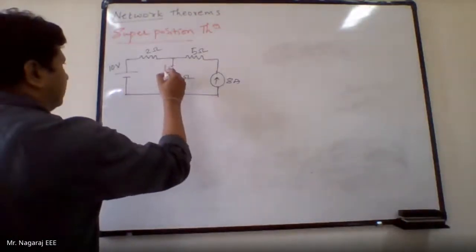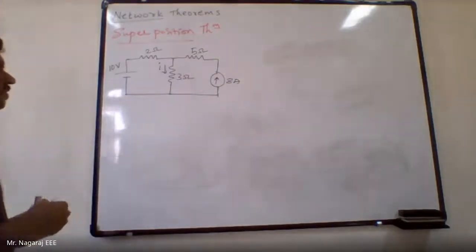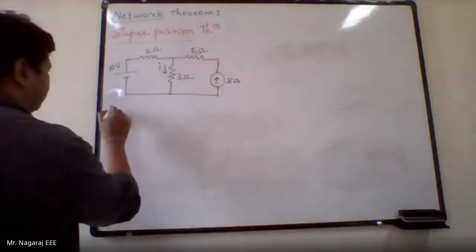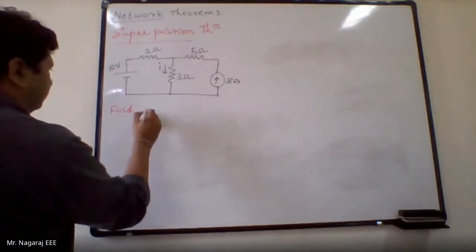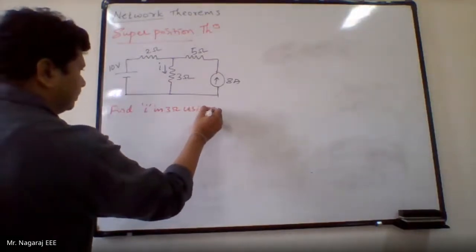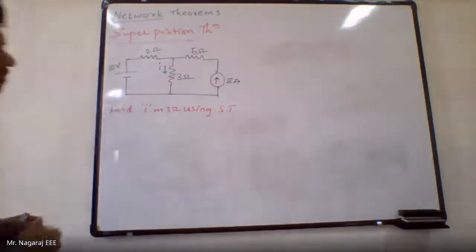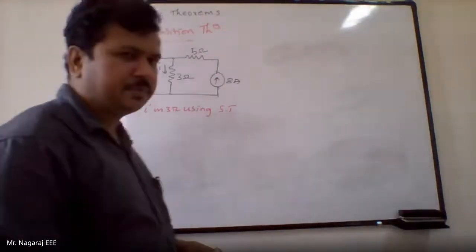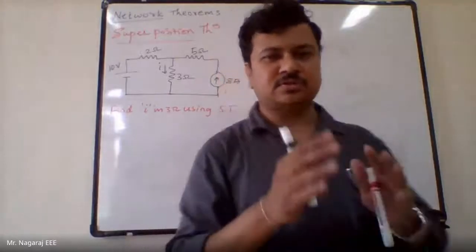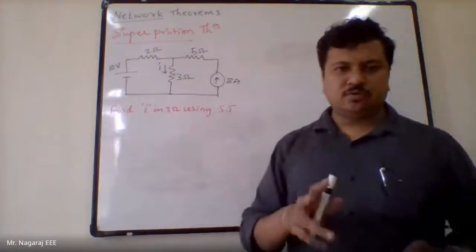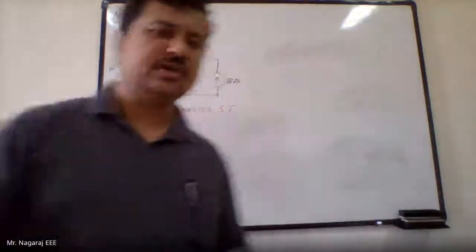The problem statement is: find current I in the 3 ohm resistor using the superposition theorem. Whenever I get a problem with the superposition theorem, first I should look at how many sources are there in the circuit. In the given circuit, there are two sources. One is a voltage source, the other is a current source.